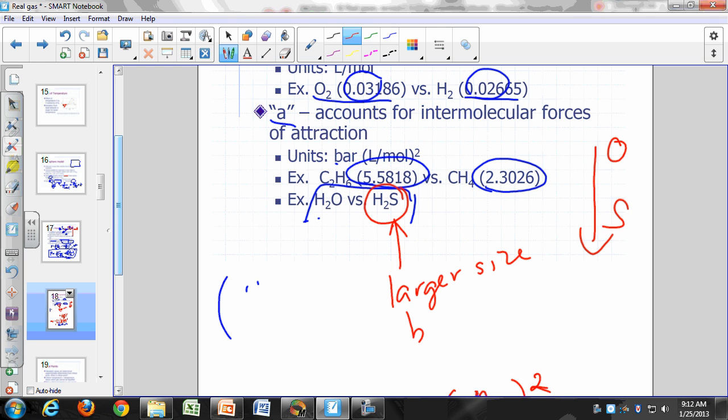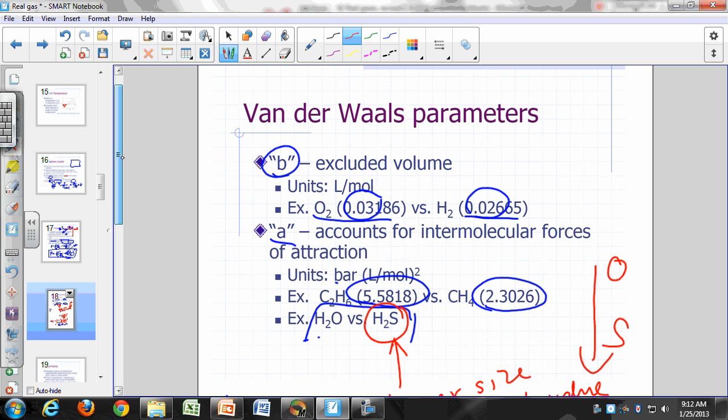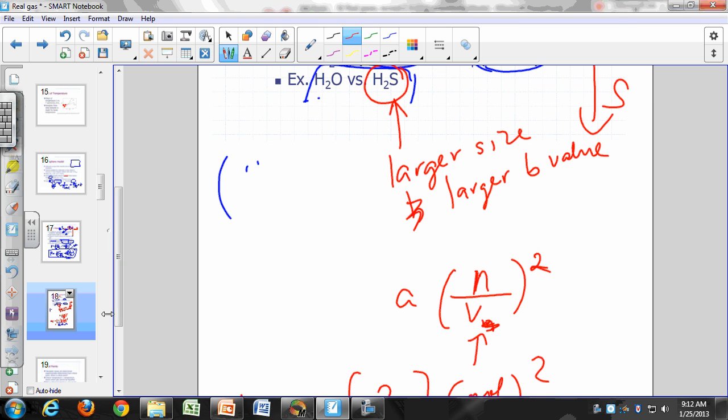So you would expect this to have a larger B value. Remember, our B value depends on size, right? So which one would you expect to have a larger A value?